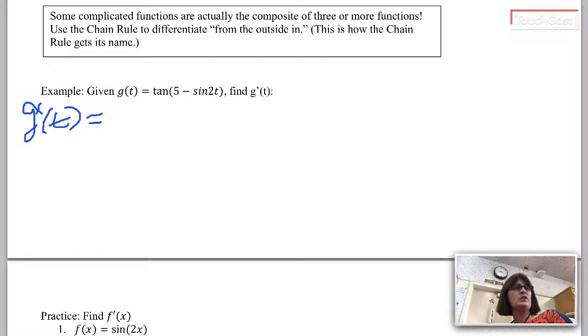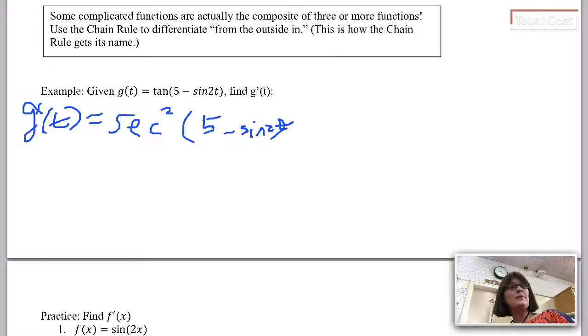I'm going to ask myself, what's the derivative of tangent? Well, that's secant squared of. The inside is going to stay the same. That's the inside function. So that was tangent of 5 minus sine 2t. It's going to be secant squared of 5 minus sine 2t.